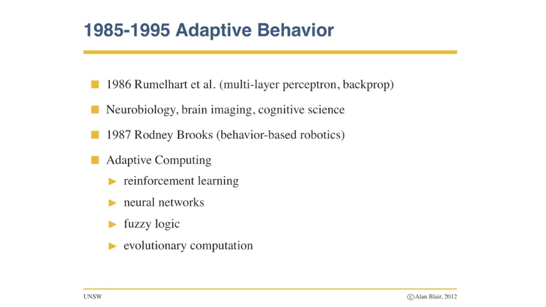There were new techniques developed for brain imaging and neurobiology. The field of cognitive science started to spring up and get more important. There was Rodney Brooks with his behavior-based robotics, so less emphasis on the symbolic approach and more emphasis on low-level behaviors. And as I said, this adaptive computing framework.